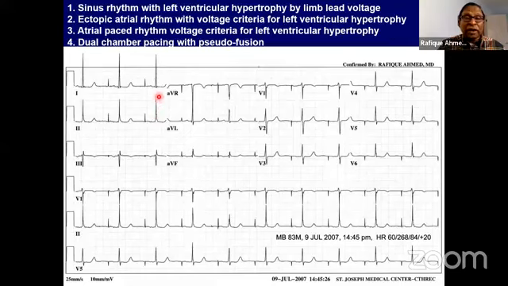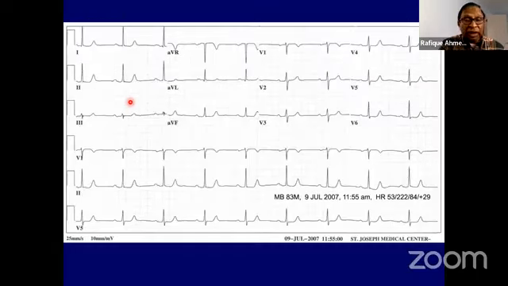It looks like a straight line drawn on the R wave. So those are the things that you look at. Thank you. So pseudo fusion means there is a pacing spike, but it did not capture the ventricle. It just conducted QRS complex. And this is the same patient when it is not pacing. It's just dual chamber, sinus rhythm with conducted PR interval.